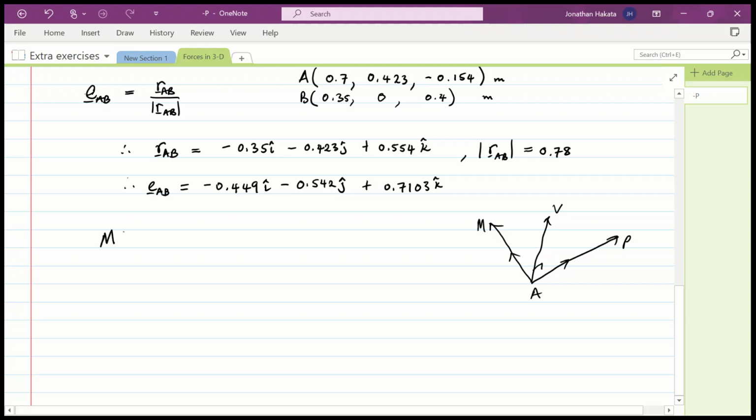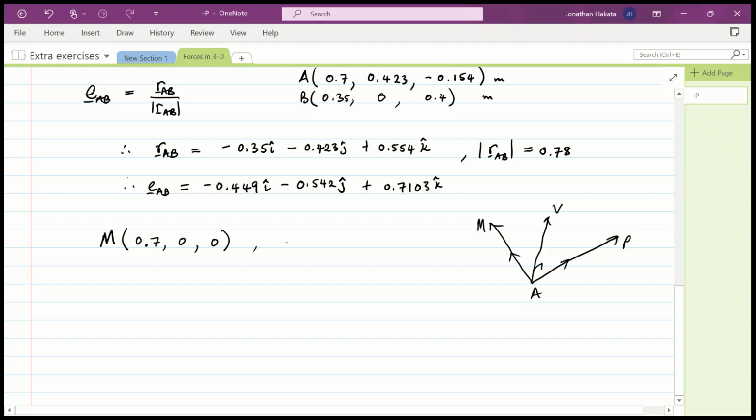So let's try to come up with the coordinates of M. Now M is sitting on the x-axis, at a length of 0.7, and y is 0. So 0.7, 0, 0.